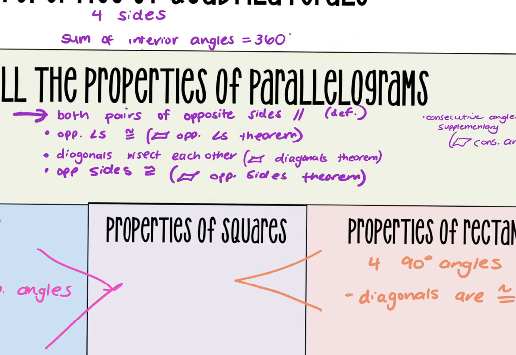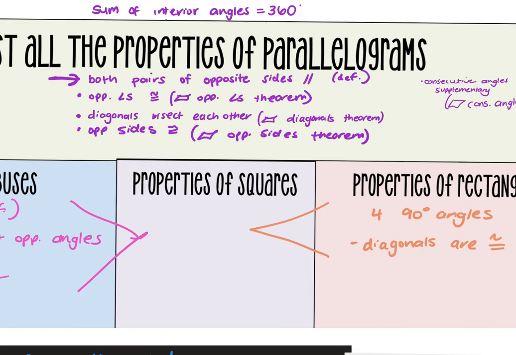That's the parallelogram diagonals theorem. And opposite sides are congruent, parallelogram opposite sides theorem. The good news is you don't need to know these names. You should be able to tell me what the property is or use the property, but you don't have to know these names. And then consecutive interior angles would be supplementary, and that's the parallelogram consecutive angles theorem. So 5 things we know about parallelograms.